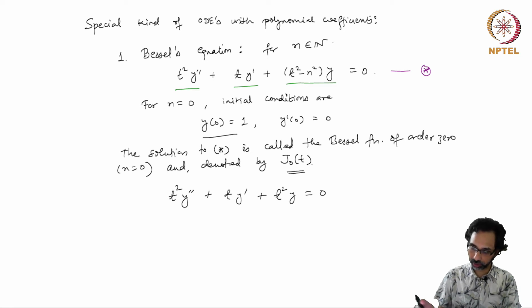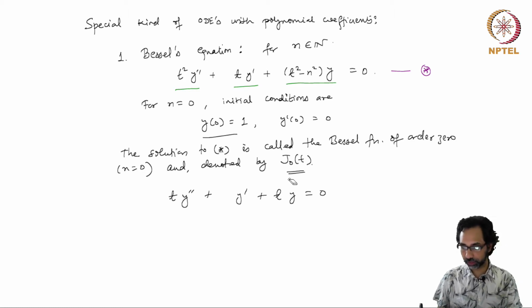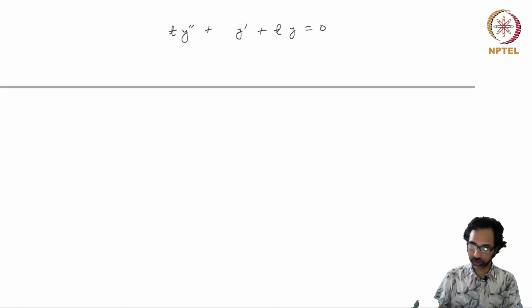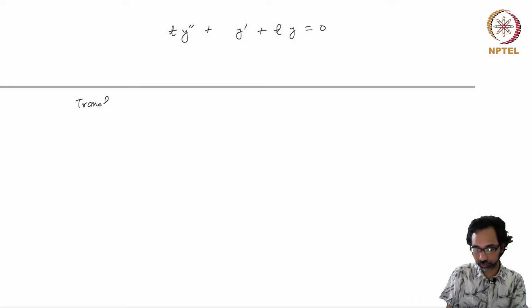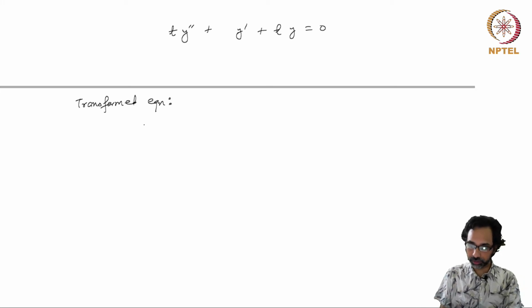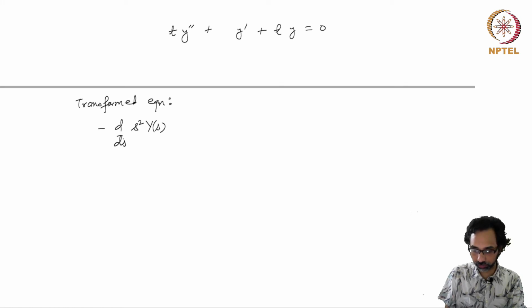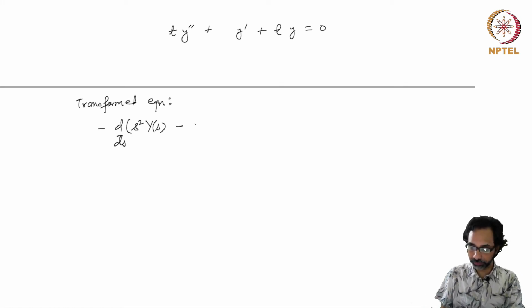You can get rid of one of the powers on each term, so it's simply t y'' + y' + t y = 0. So let's take the transformed equation.